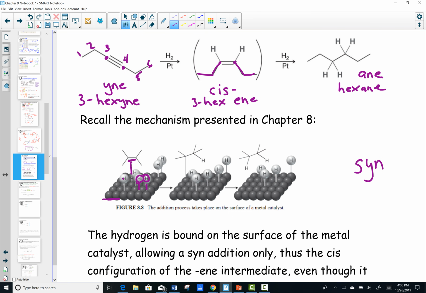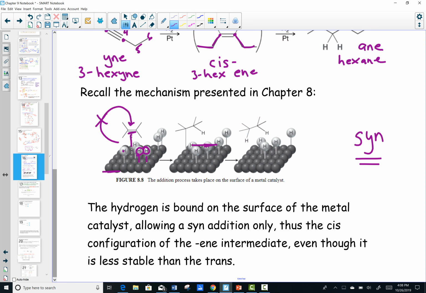Since the hydrogens are fixed, they're not free floating and are unable to come from the top side, so that does not happen. We can only adhere the hydrogen to the bottom side simply because the pi bond comes close enough to the surface of the metal catalyst where the hydrogens are fixed. So just reminding us of the explanation why it is syn addition only to create the intermediate, the ene.